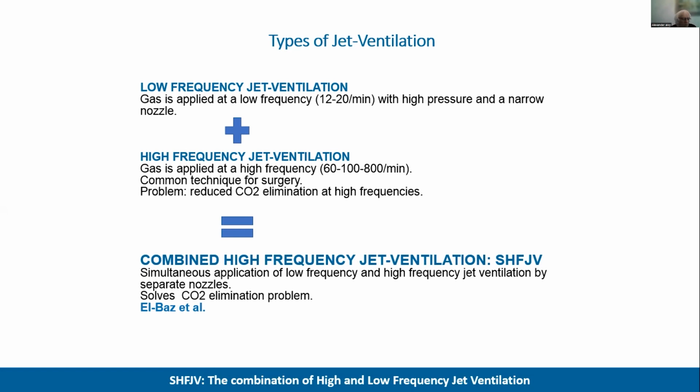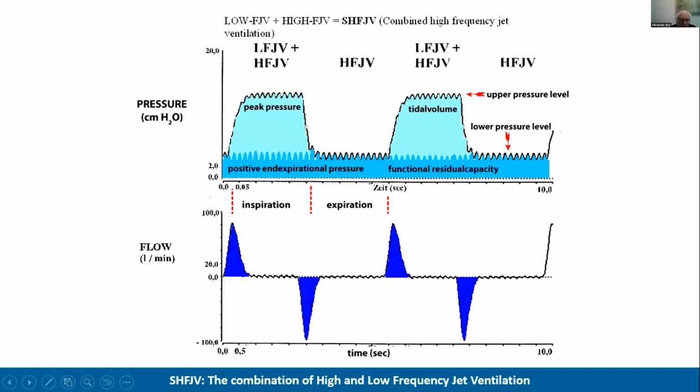We also use combined high frequency jet ventilation. We now have one respirator which can generate two frequencies simultaneously. Elbaz used two ventilators. Here you can see the behavior of low and high frequency.